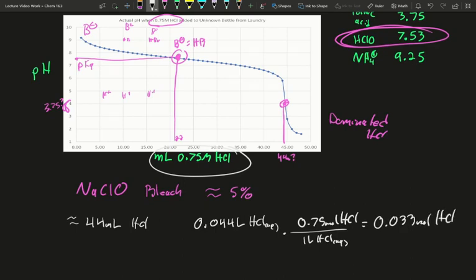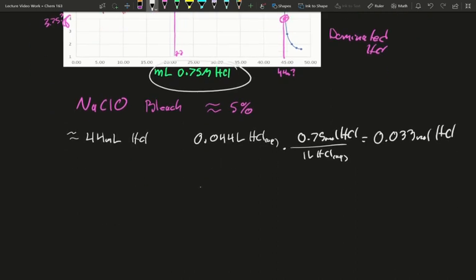Well, we're protonating to make HClO from ClO minus, and so it's 1:1, and so that must translate into 0.033 mole of the ClO minus, which if it was bleach, translates into 0.033 mole of sodium hypochlorite.